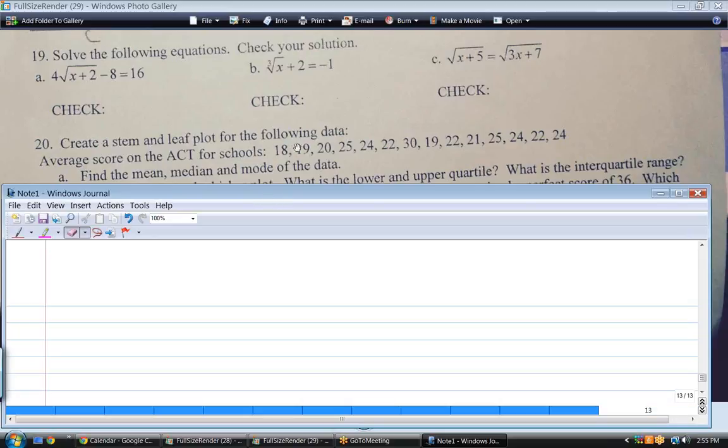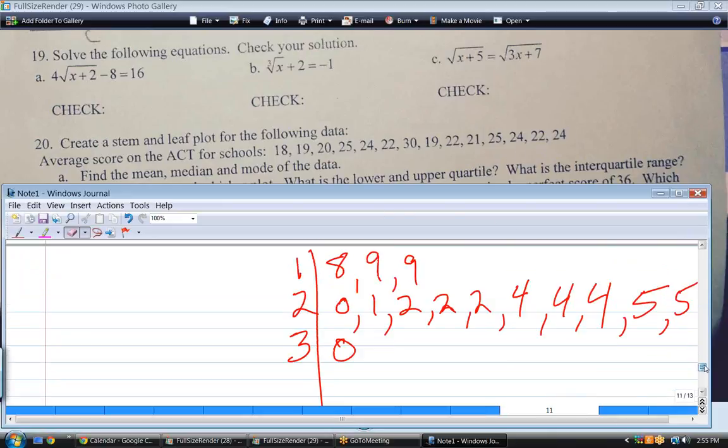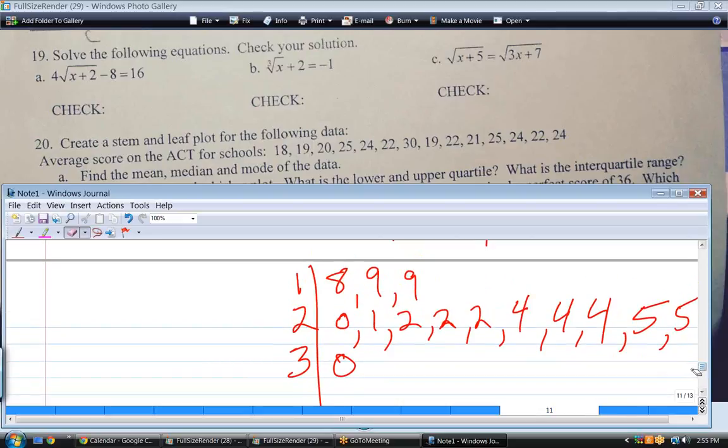It's better to add them up from this list here, I think, rather than the stem and leaf. So add all those up. There's 1, 2, 3, 4, 5, 6, 7, 8, 9, 10, 11, 12, 13, 14 of them. It's extremely easy to make a mistake when you're doing this.